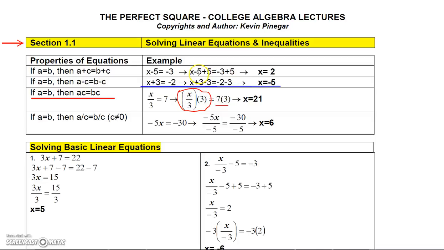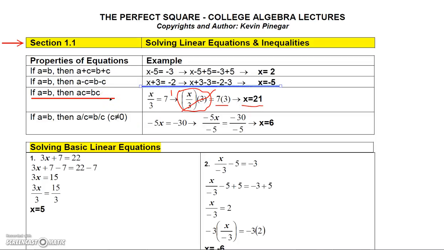There's the canceling where you add and subtract opposites, but that cancels to 0. Now there's also the cancel where you multiply a number by its reciprocal, and that's what we're doing here. But when that cancels, you get 1. So really what we have here is the number 1 times x. And of course 1 times x is x, and 7 times 3 is 21, so that solves that equation, giving me 21.